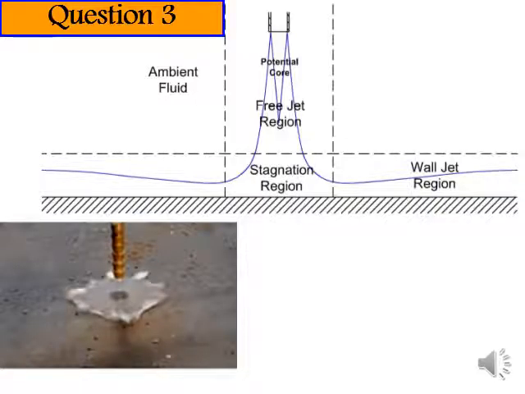Another nice question is that we have a free jet region. We have a coolant of water or liquid pushing against a metallic surface so that the jet expands freely in an ambient fluid region before it touches and comes into immediate deceleration and stagnant conditions in the stagnant region shown, so that it will continue sliding all over the rest of the metallic surface to get away from the central region.